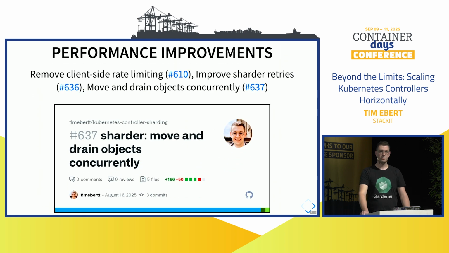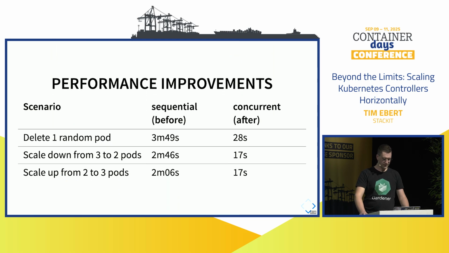Then there were several performance improvements. Most importantly, the Sharder was moving and draining objects sequentially whenever there is a new instance or a terminated instance. And this caused a severe slowdown in dynamic environments. So when comparing these, we can see that now the Sharder moves the objects concurrently, and this is much faster.